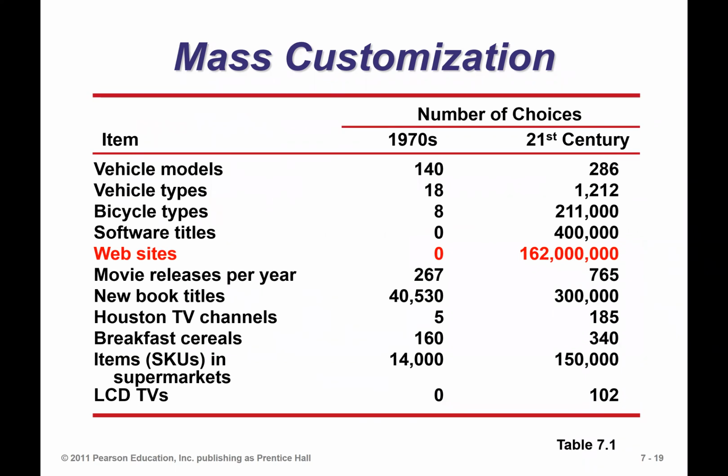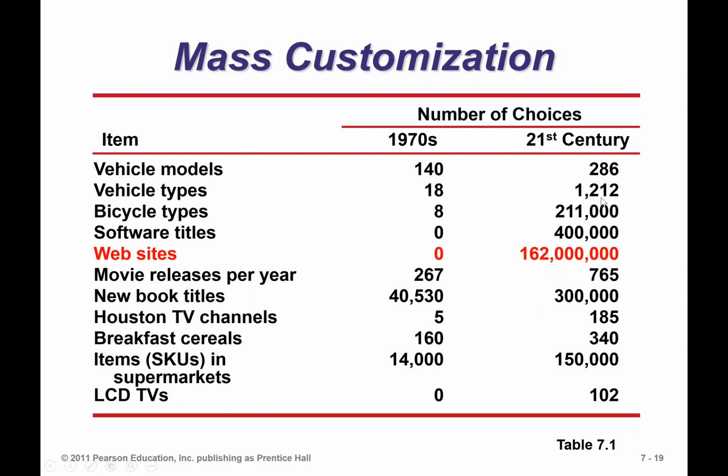Basically, I'll just show you this in terms of how things have changed over the years with mass customization. All right, the item is motor vehicle models, right? In the 1970s, you had roughly 140 models. In the 21st century, 286, right? Vehicle types, you had like 18 types of vehicles.